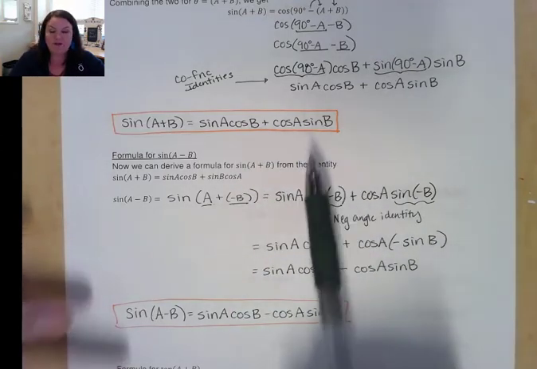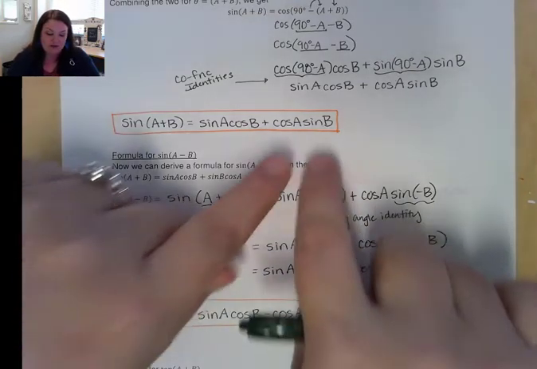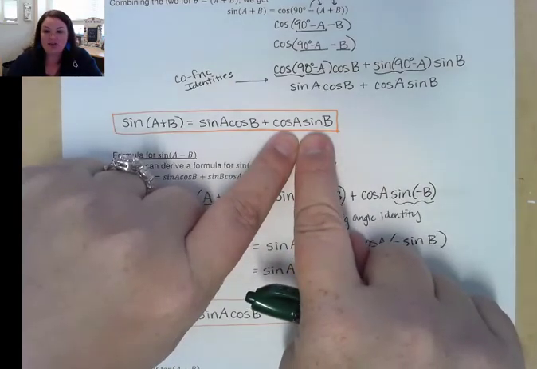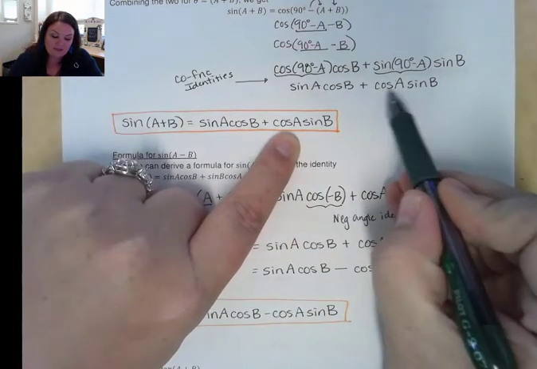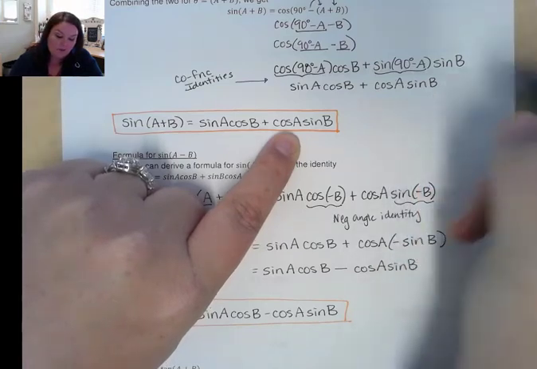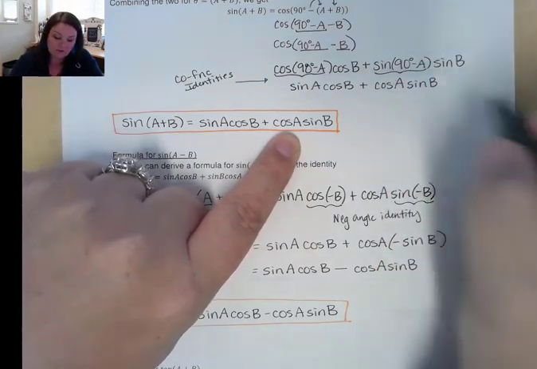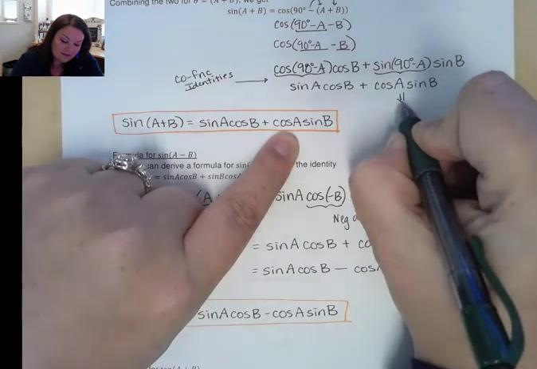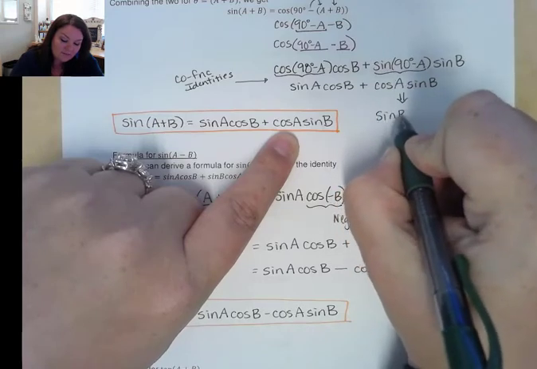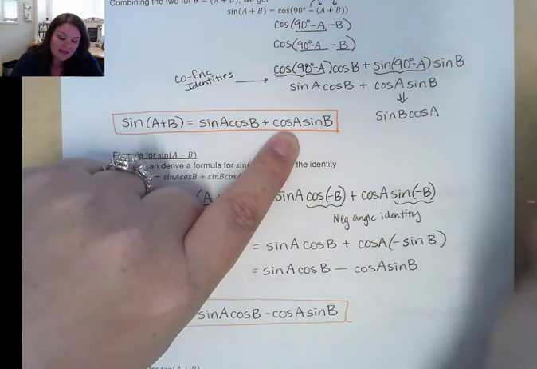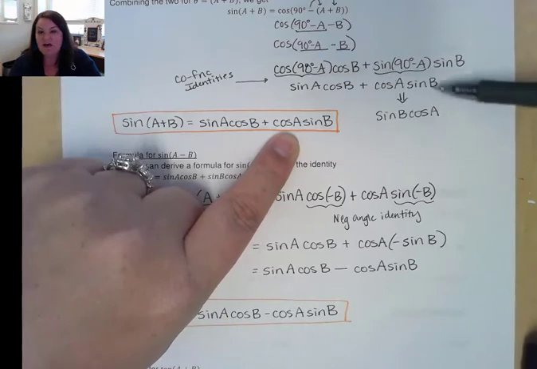So what I want to do is create kind of a unique pattern. So on this second term, notice it's cosine A sine B. We could actually write this in the reverse order. I could write this as sine B cosine A, and it doesn't change the value, right?